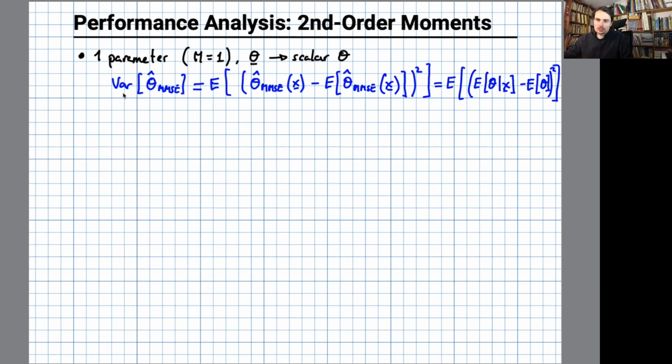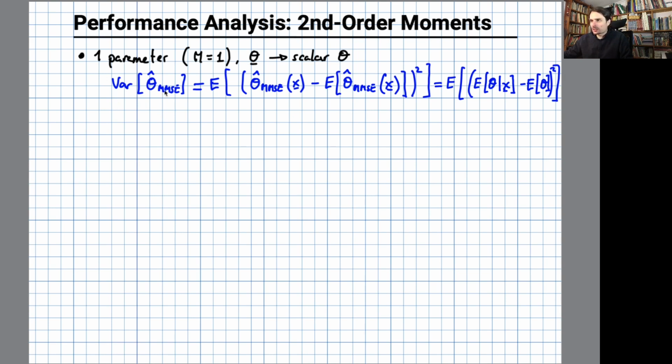Now let us look at the second order moments, and let us start with the easiest part. Suppose that we have only one parameter, therefore the vector theta just boils down to a scalar.